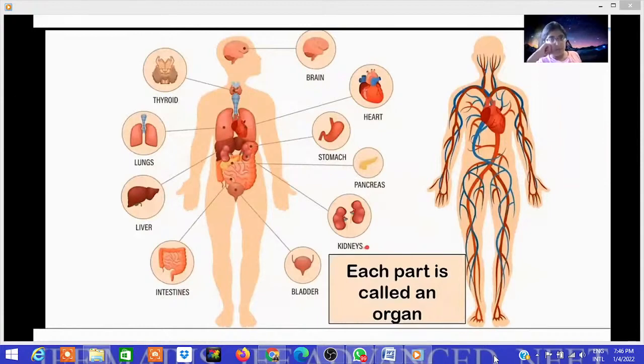Okay, I want you to make a list of the organs that we have in our body in your notebook. Write down organs. Just write down organ list. Write down the organs that you can see on the screen in your notebook.